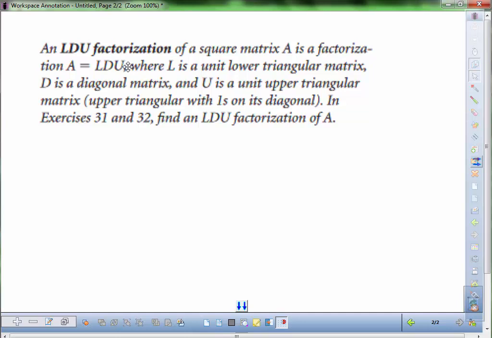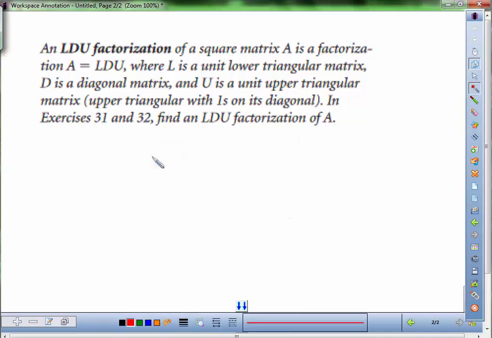Okay, wait. Let me just take this. First of all, did you guys understand what Becca just said? She said in the LDU, let's just say you have a matrix A, and we talked about an LU decomposition, right? Where L is a unit lower triangular, and maybe we should put a subscript 1 here, and U is just an upper triangular, not necessarily a unit upper triangular.